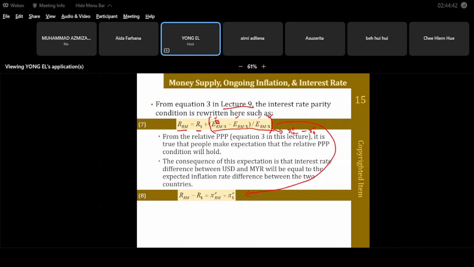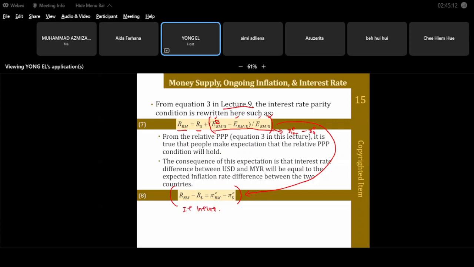Okay. Remember this equation, equation number 8, because later we will need to reuse this one with more complicated questions. This is something you need to remember now. The difference between interest rate in Malaysia and US is equal to the difference in inflation rate between the two countries.